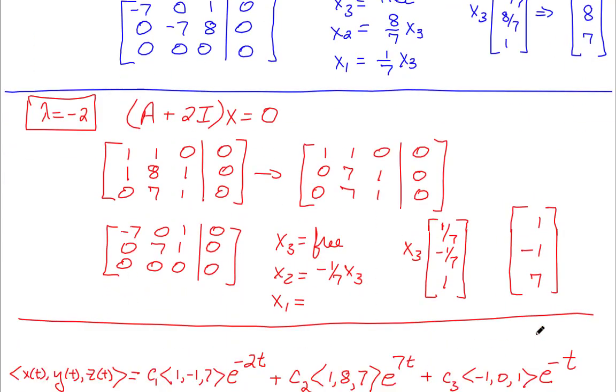Again, I repeat this for lambda equals minus 2. Same process, plug it in, solve with row operations, and I get x3 times 1 seventh, minus 1 seventh, and 1. Clearing the fractions, multiplying by 7, we get to there.